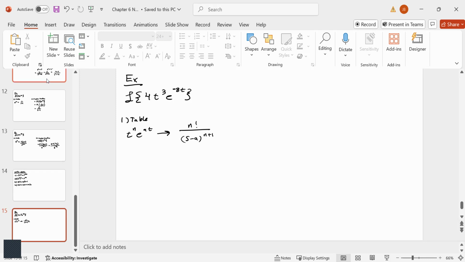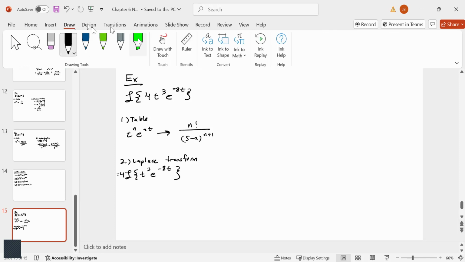So step two is to take the Laplace transformation. We're going to take out the 4, and we get t to the third power, e to the -8t, right?